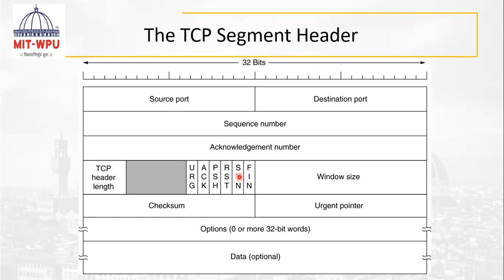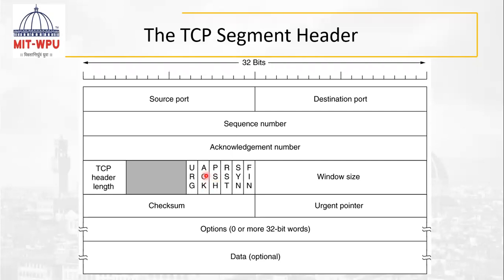SYN flag is always set for the first packet in the communication. Reset flag, in case there is any problem, we reset the complete communication. We restart the complete communication. But this is 0 for all the normal messages. Push flag, if you want to push the current packet into the buffer straight away, then push flag is set to 1.